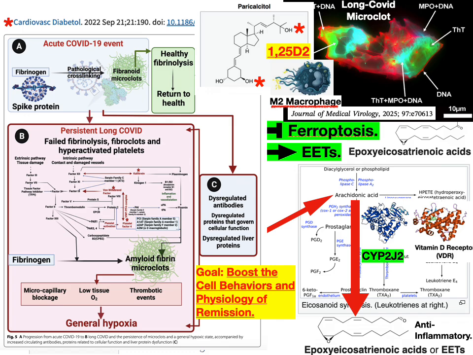By stimulating vitamin D receptors with an agonist such as paricalcitol, 1,25-dihydroxyvitamin D2, abbreviated 1,25D2 for short, you upregulate the cytochrome P450 enzyme CYP2J2, an epoxygenase, which puts epoxy groups on arachidonic acid, forming a class of anti-inflammatory lipid molecules known as EETs.